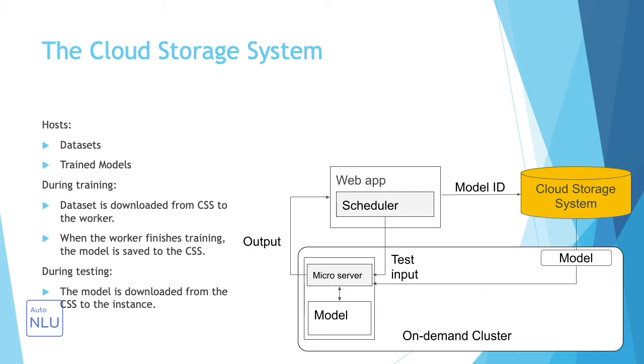During training, the worker can download the dataset from the storage system, and after training, it can upload the trained model to the storage system. During testing, the model is downloaded from the CSS to the instance so that the instance doesn't have to include the weights itself.